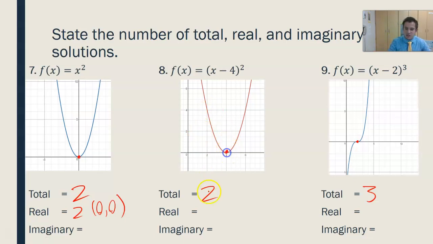Here it looks like there's just 1 solution, a positive 4, but there are 2 solutions here, so it's really a positive 4 repeated twice. X minus 4 times x minus 4. There are 2 solutions there, 4 and 4. Here I have x minus 2 cubed, so there are 3 solutions, and all of the solutions are going to be the number 2. So it's the same solution, a multiplicity of 3.